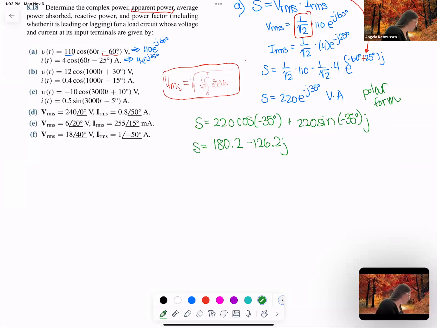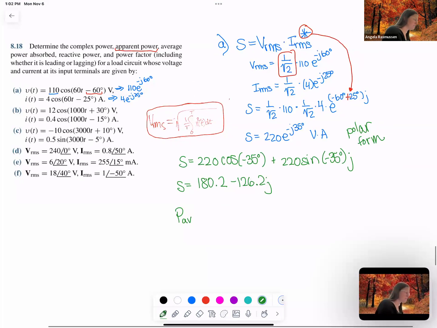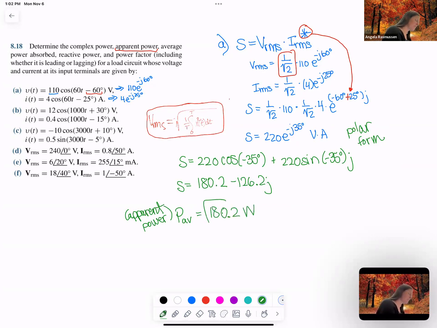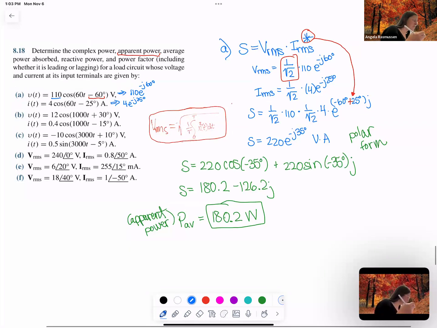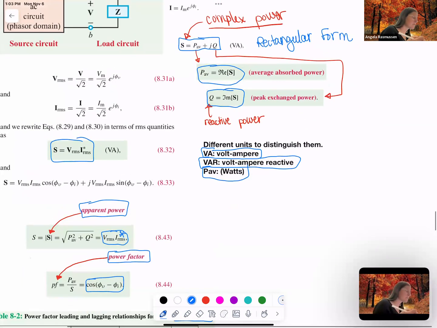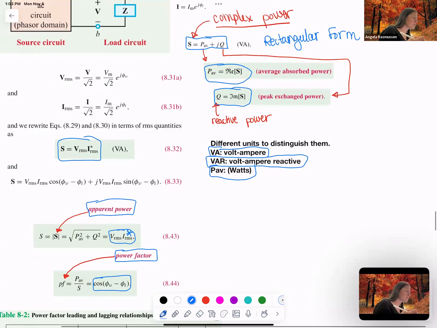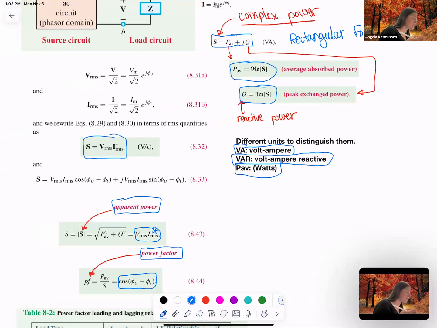And so P average, which is, oh sorry, that's not apparent power.